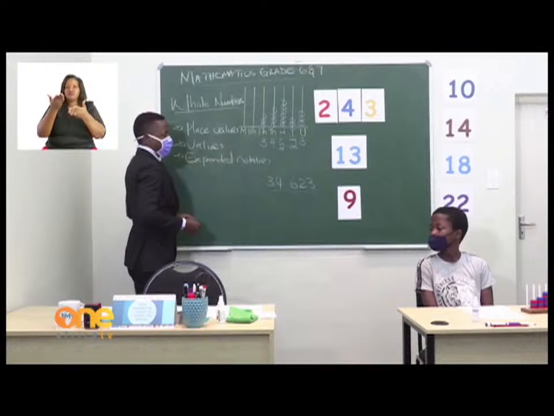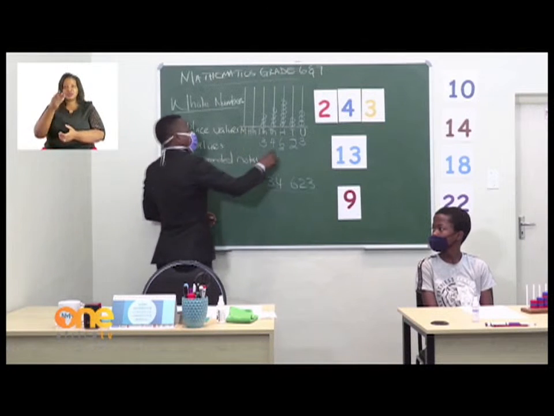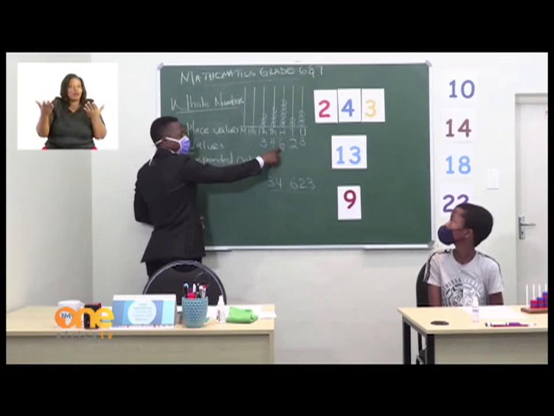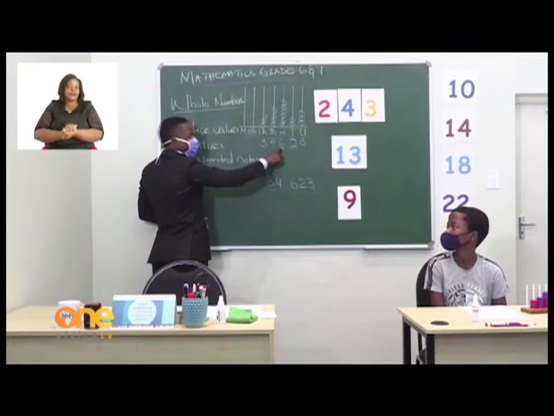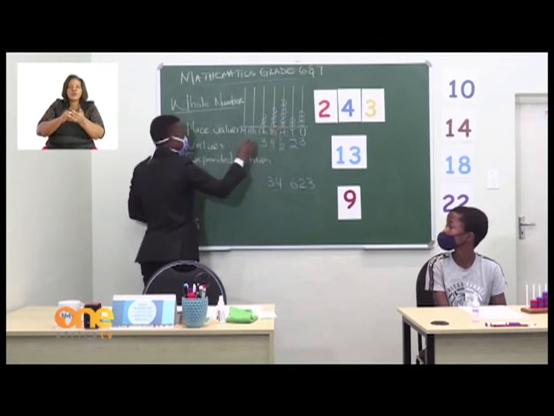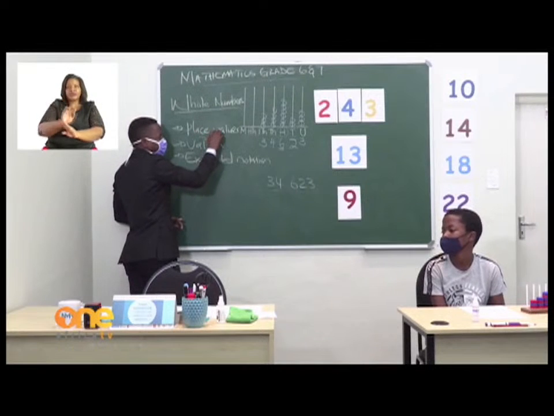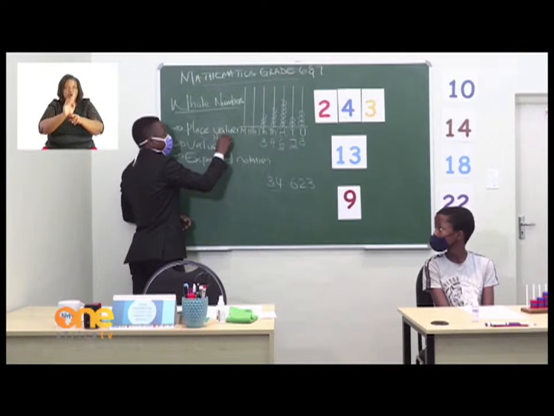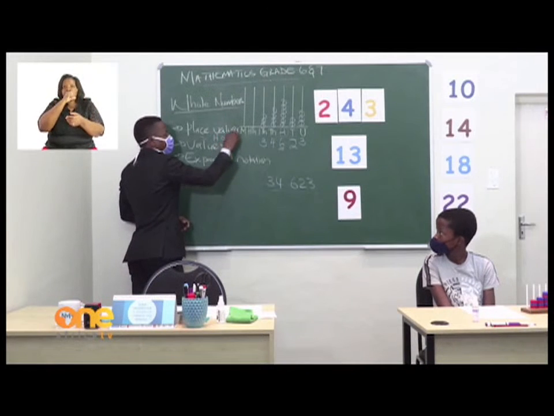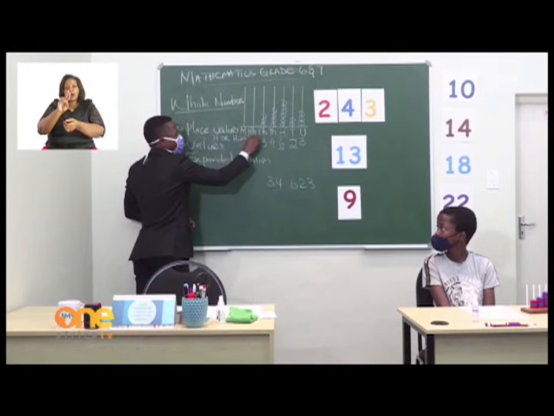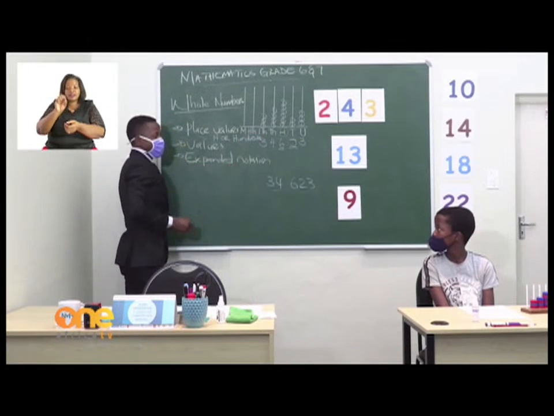The place value for 6 is where that 6 is, in simple English, what position is 6? So the place value for 6 will be 100. You can write it as 100, abbreviated, or you can write it as hundreds.